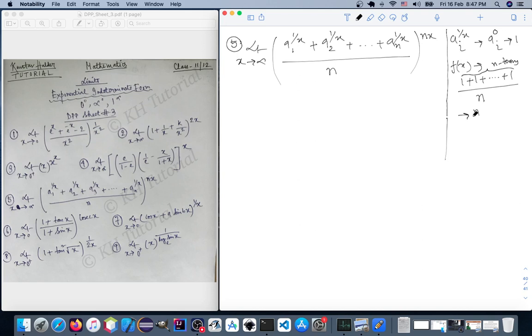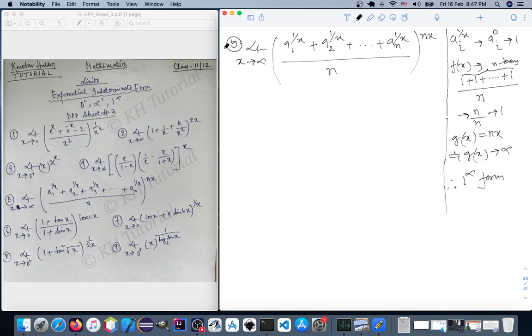This is tending to n by n, tending to 1. So f(x) is tending to 1, and g(x) is nx, which tends to infinity. So clearly the form is 1 to the power infinity.